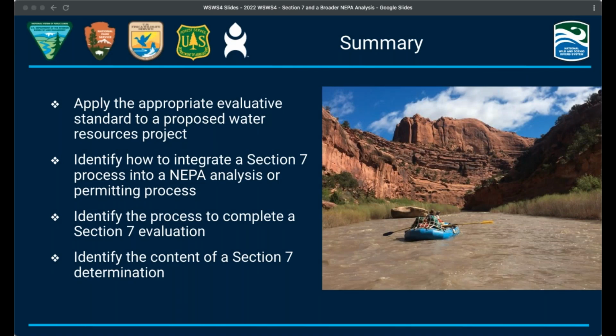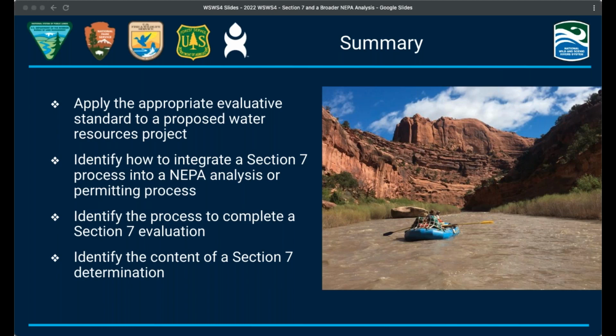So in summary, we've learned how to apply the appropriate evaluative standards, how to integrate Section 7 into NEPA analysis or environmental permitting, and how to use the contents of NEPA documents for the Section 7 determination.